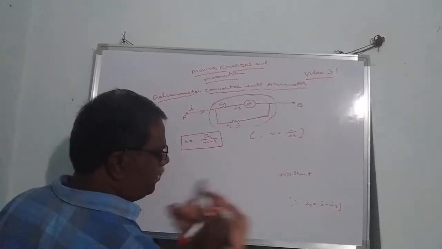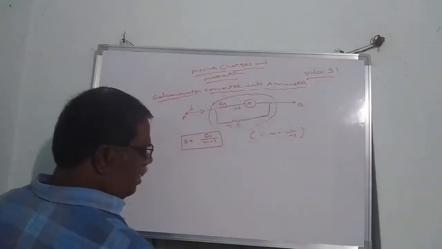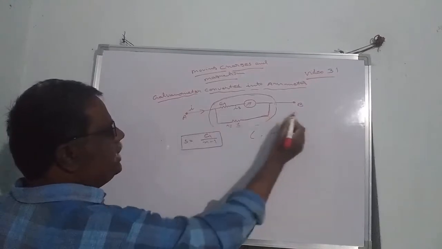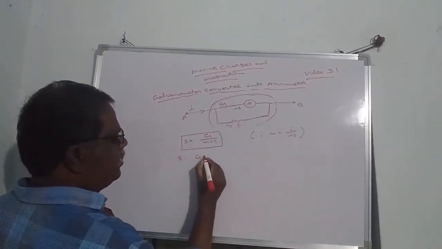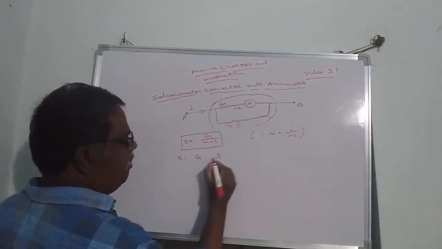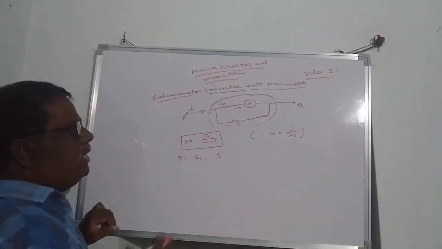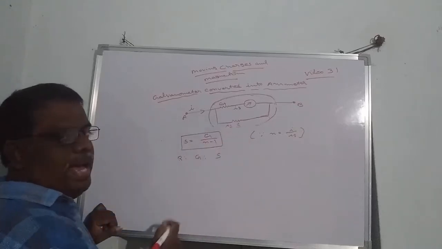Next topic in this. The resistance between A and B, the total resistance, will be R, the galvanometer resistance will be G, and the shunt resistance will be S. Here these are connected in parallel.